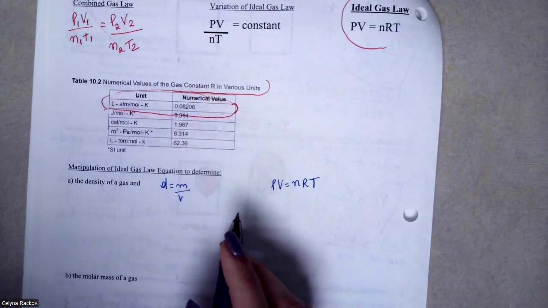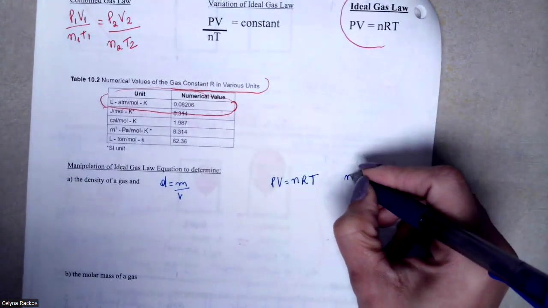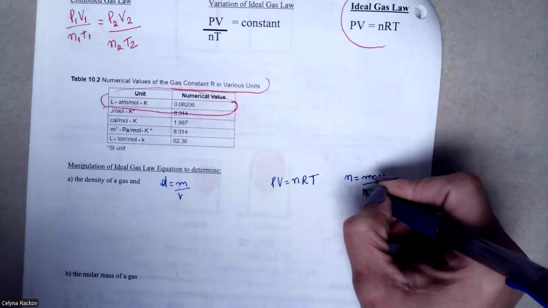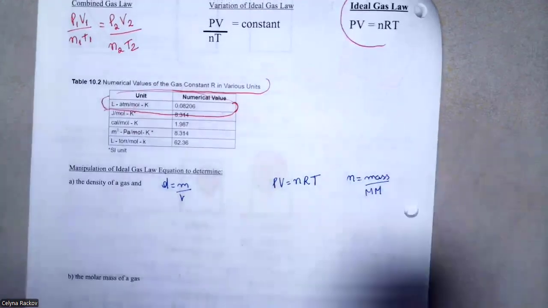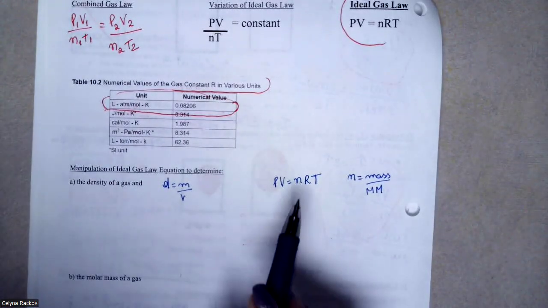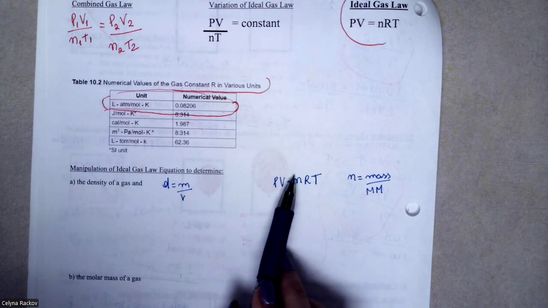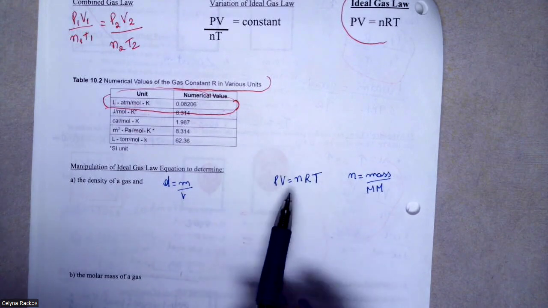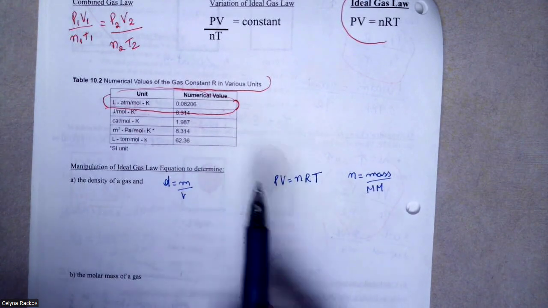And what's the formula for moles? Moles is equal to mass divided by molar mass. Okay, so let's try to manipulate these equations to find the density of a gas.